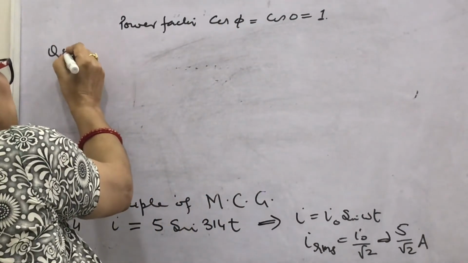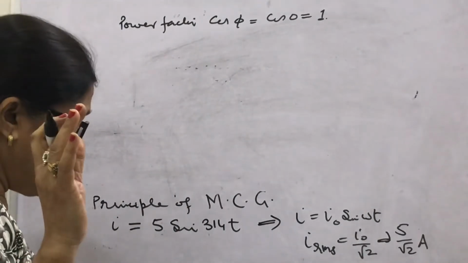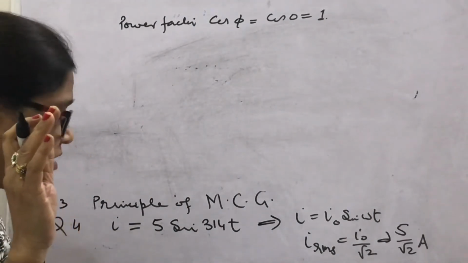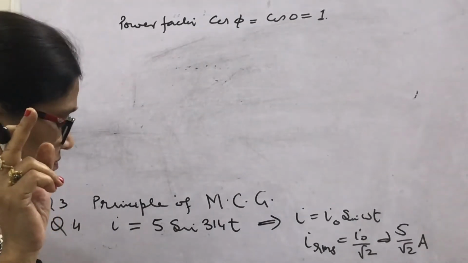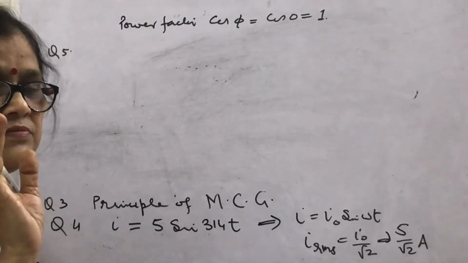Now come to question number 5. A charged particle oscillates about its mean position with a frequency of 10 to the power 9 Hertz. What is the frequency of the EM waves produced?